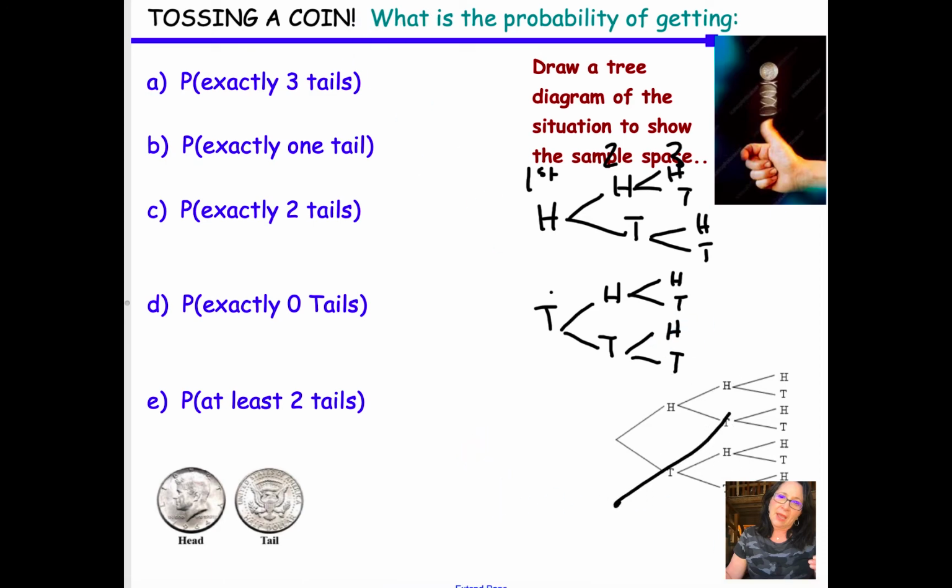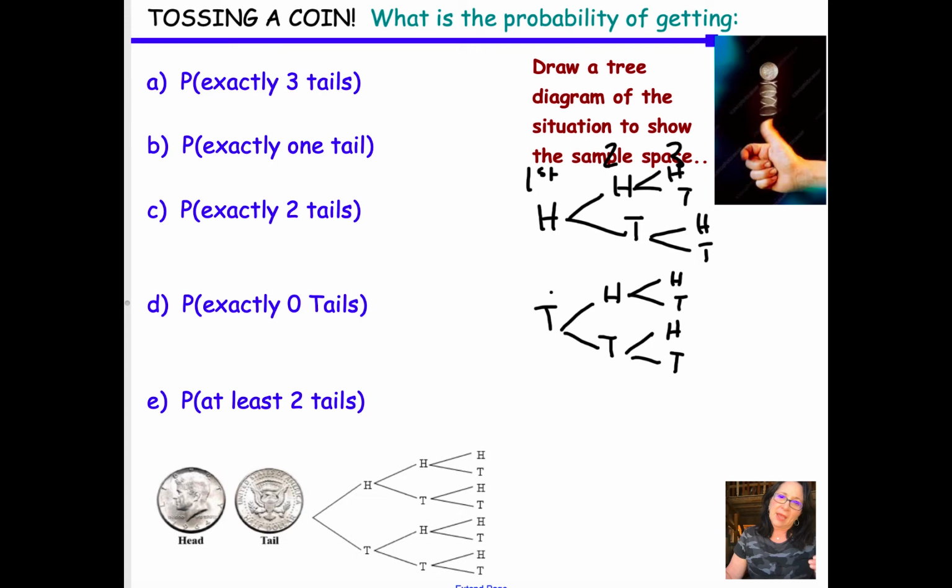You guys, it's one thing to draw the tree diagram, but it's another thing to say, well, I have a tree diagram, but what does that mean? It means that the first toss I got heads, heads, heads. So that's an option. And I could have gotten heads, heads, tails. Heads, tails, heads.